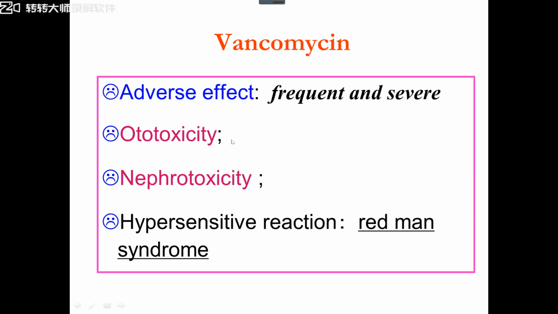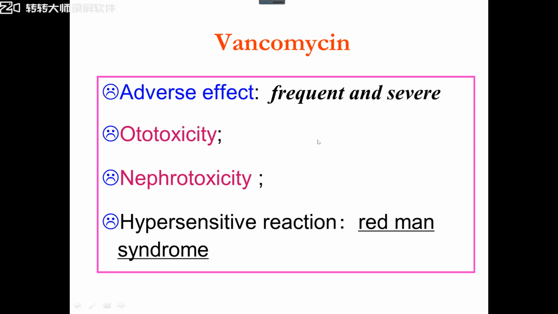Ototoxicity: we have studied high efficacy diuretics, furosemide, and later we will study aminoglycosides. These three kinds of drugs have obvious ototoxicity. And then nephrotoxicity. Last class we have studied it, and I also mentioned it just now. Do you remember? Three kinds of drugs.